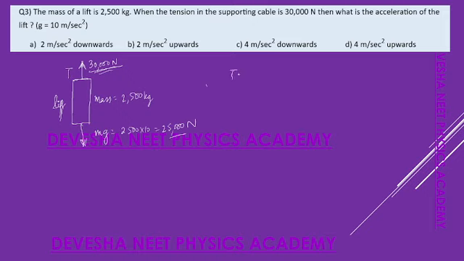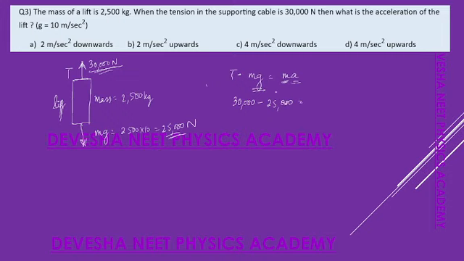So T minus the gravitational force is equal to the net force on the entire lift, which is equal to the mass of the lift into the acceleration of the lift. Now T is given to be 30,000, minus mg, which we just computed as 25,000, is equal to mass into acceleration.